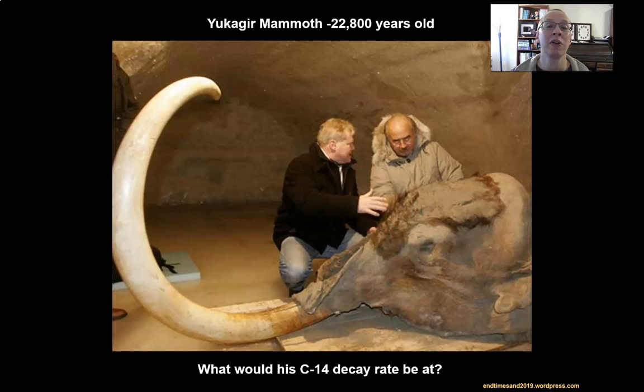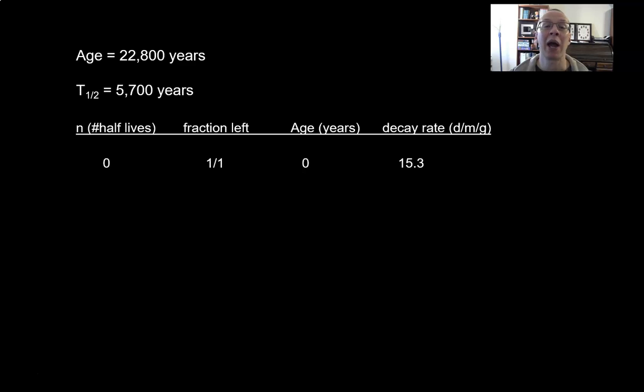Here we have an additional mammoth that has been found, and this will give us an additional problem here. So here we know the approximate age of this Yukagir mammoth, and what we want to know is what would the carbon-14 decay rate be if we checked that thing out. So we're going to build a data table again, and this time we're after the age.